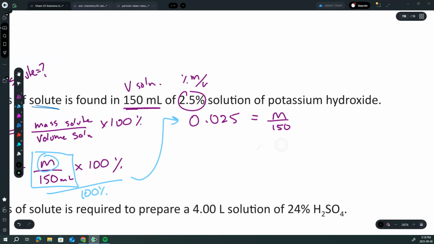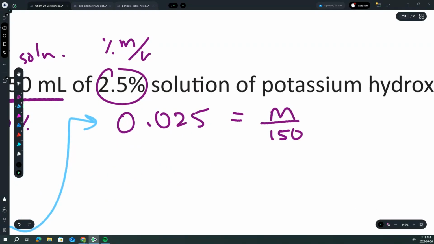Now it's a little bit easier to see what we need to do. 150 is dividing into mass. Remember that your denominator is the thing doing your dividing. Your numerator never does the dividing. That's why I have to multiply by my denominator.